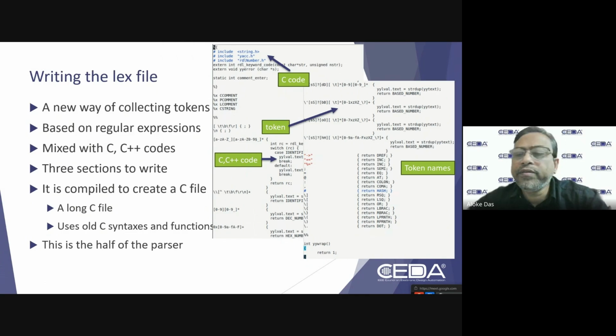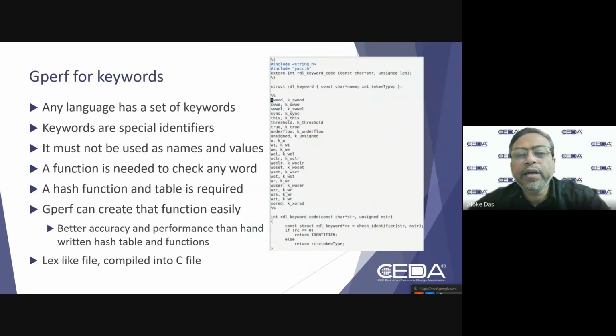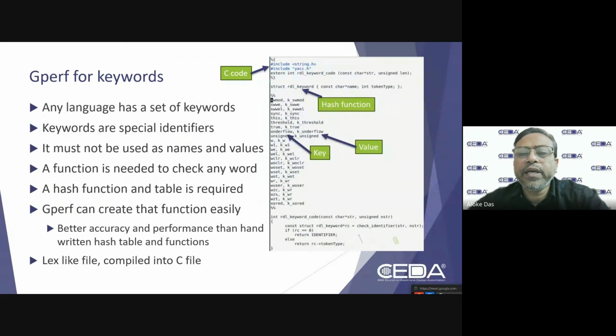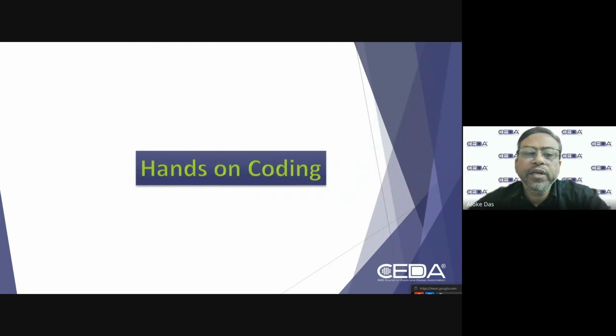The way we return from C functions, we return from the lex file, and we will be using that today for our YACC. And this is another tool, gperf. This is specially dedicated for the keywords. Whatever name comes, that name could be the name of an item, or a keyword also. To distinguish between them, we need this hash function.